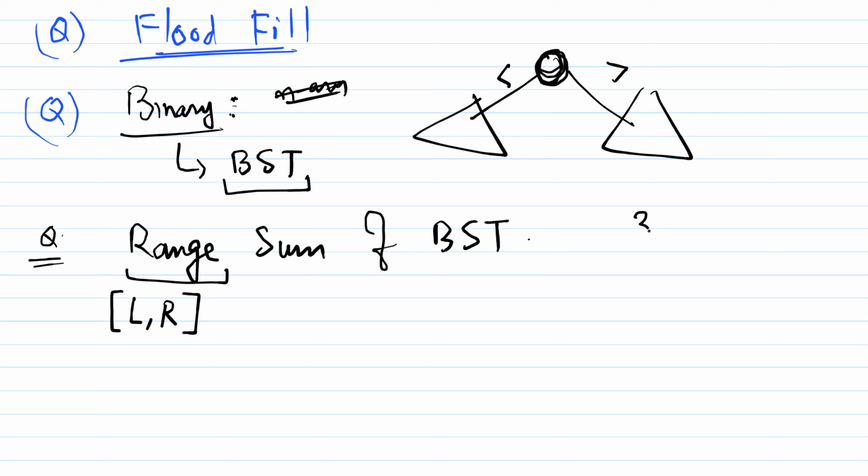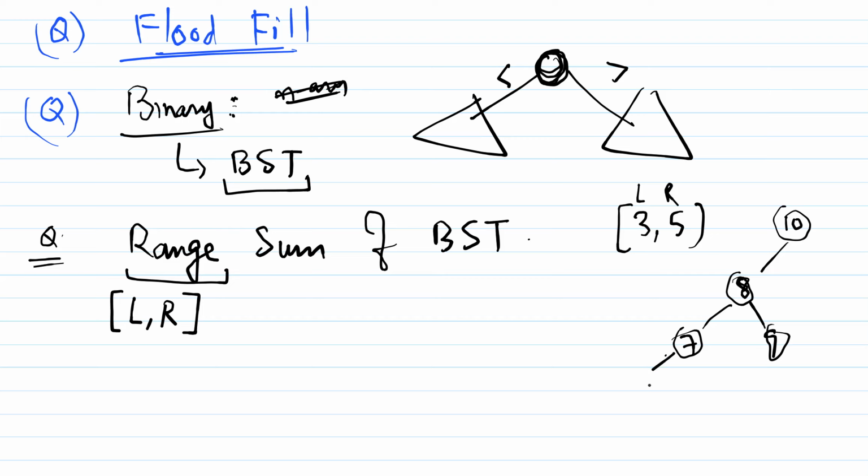Let's say L and R are 3 and 5, both inclusive, and this binary tree is like 10. This part will have 8, 9, 7, 5, 2, 3, and so on.